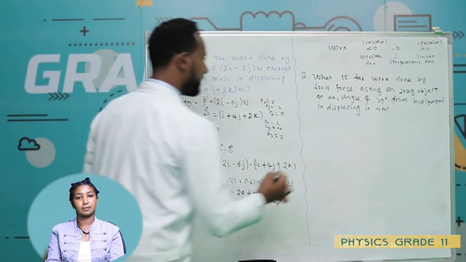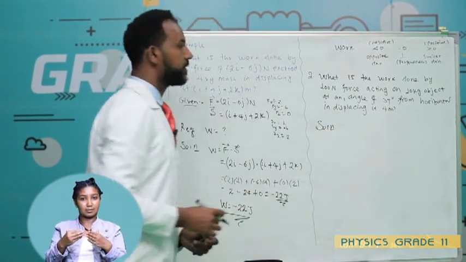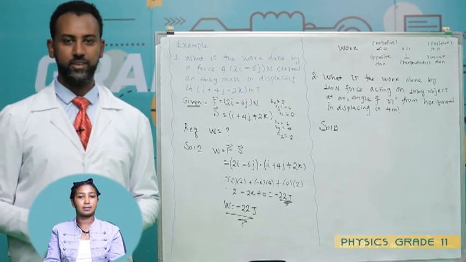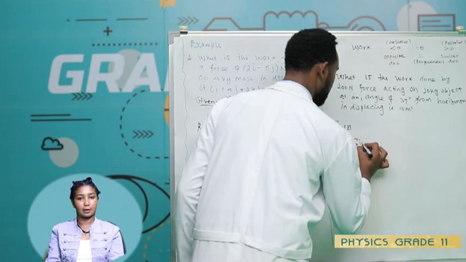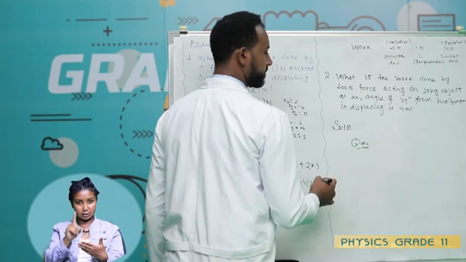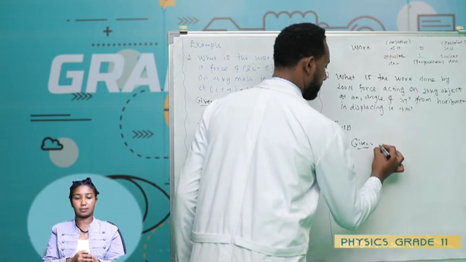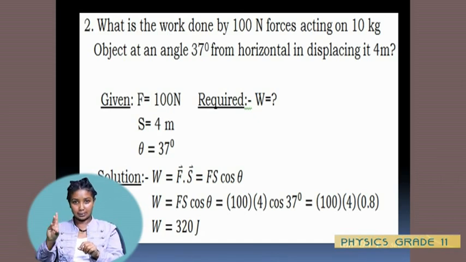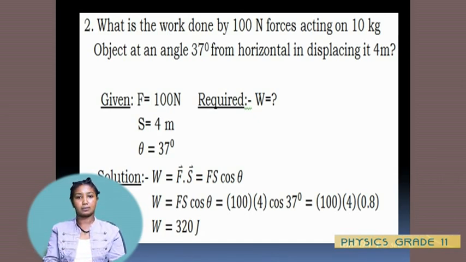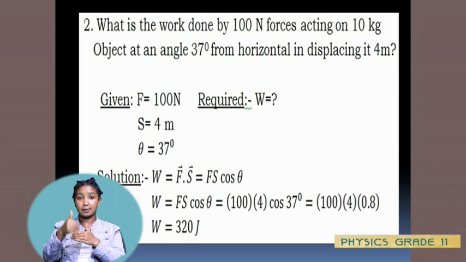Well, the solution of this answer would be, first we should collect all the given variables. What are the given variables? First, force is given. Force F is 100 Newton. The other thing is angle is given, which is 37 degree. And displacement as well is given, which is 4 meter.